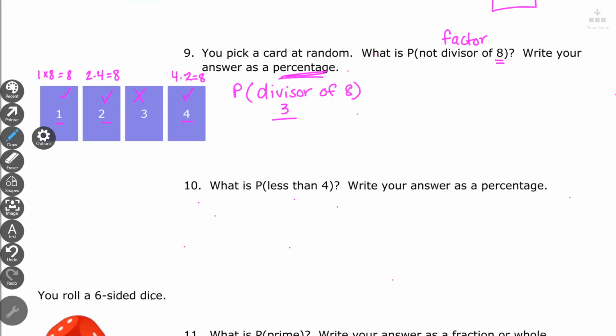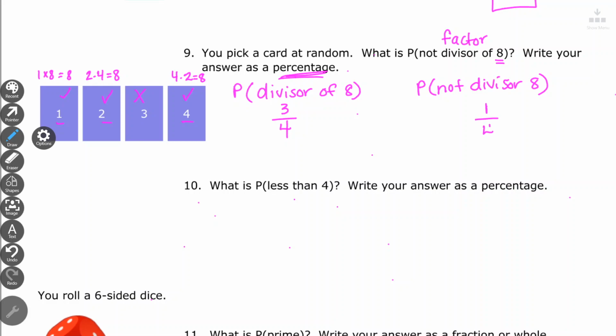And how many cards are there? There are 4 cards. So 3 over 4, if they ask us for the divisor of 8, but they want not the divisor of 8. Okay, so remember, if it's not the divisor of 8, then if 3 are, there's 1 that is not.